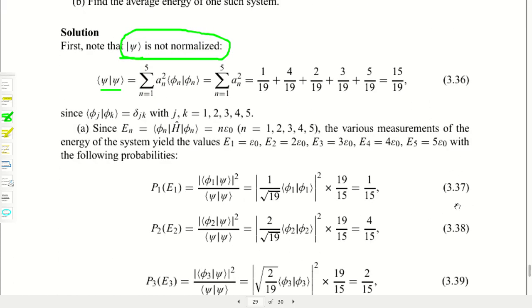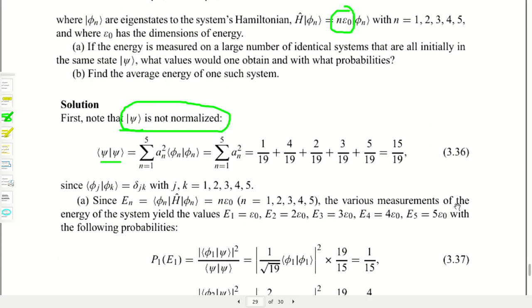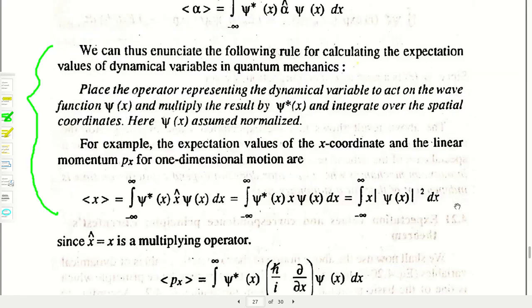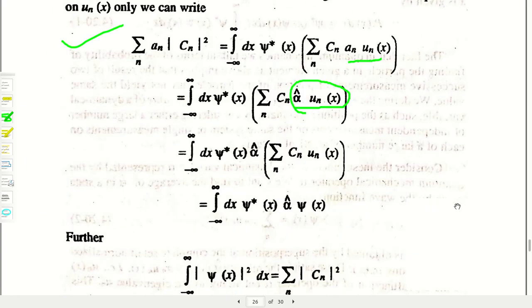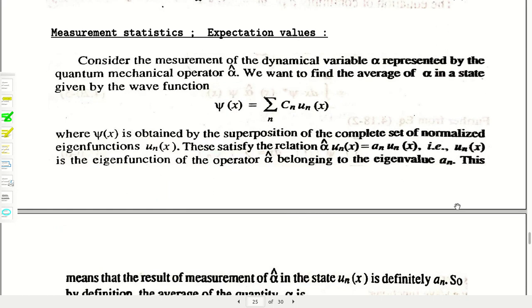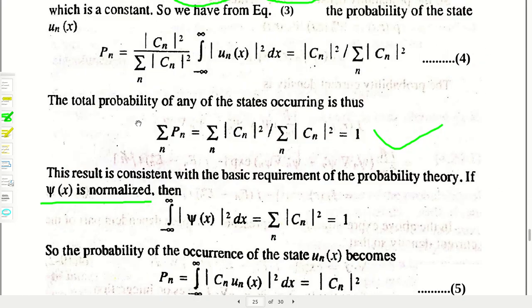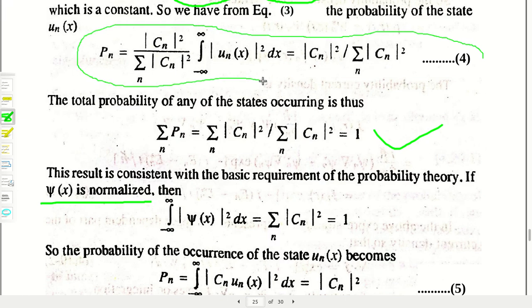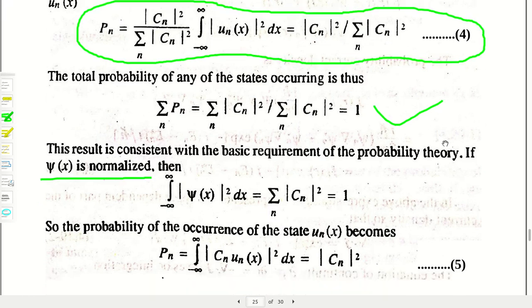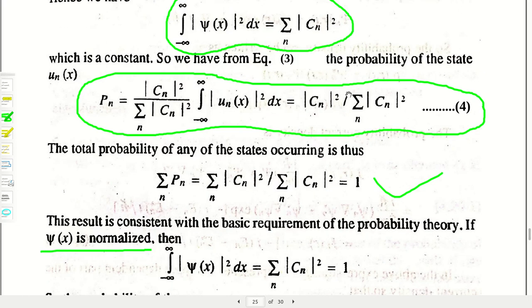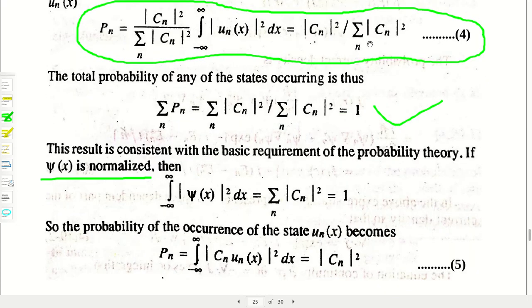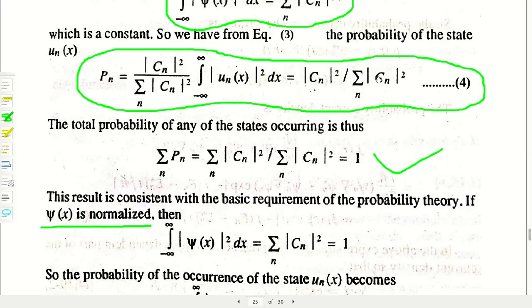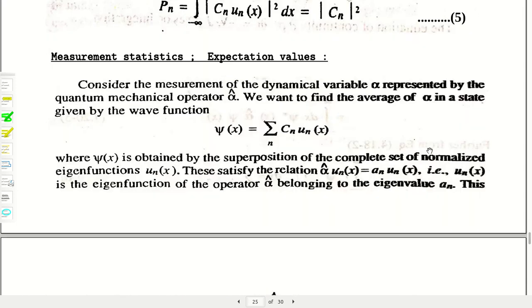So we are going to find the probability of the particle in any state using formula number 4. We can't use formula number 5 here, because the sum of mod c_n square is not 1. You should use the general formula, equation number 4.